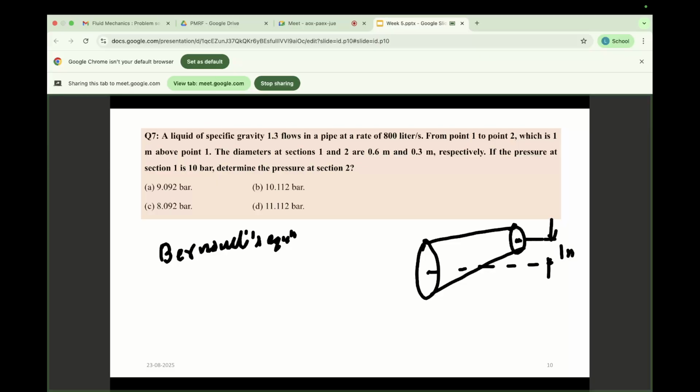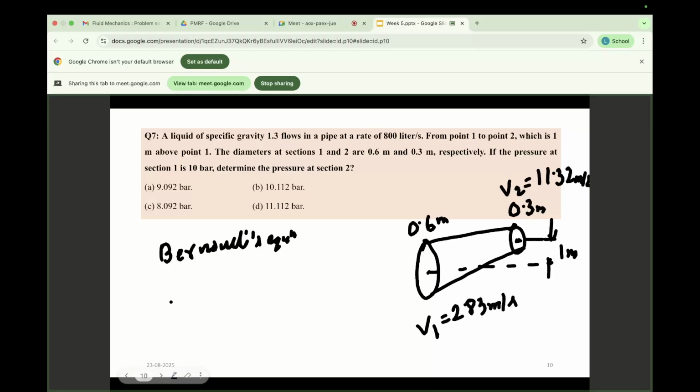This is 1 meter, I already drew. This is 0.6, this is 0.3 meter diameter, I know. The velocity I got is 2.83 meter per second, and the velocity I got is 11.32 meter per second. See, as the diameter reduces, the velocity increases. We have studied that in the previous question.